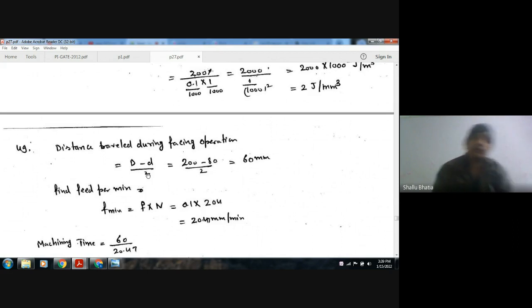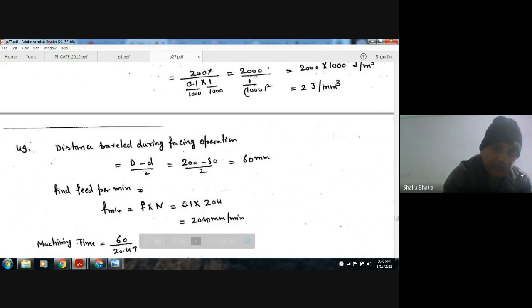So the distance traveled during the facing operation will be (D minus d) by 2. You can imagine this as the facing of a hollow bar.